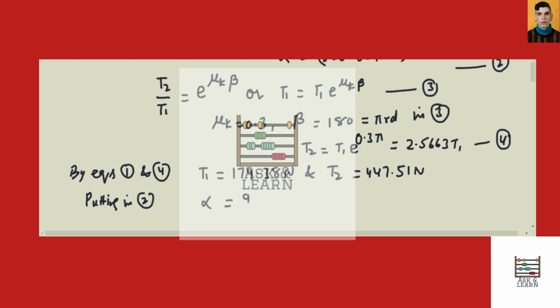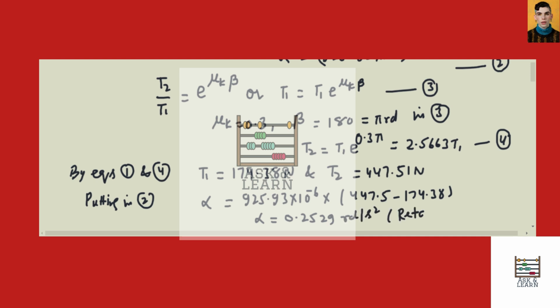Alpha will be 925.93 into 10 to the power minus 6 into 447.5 minus 174.38. So angular retardation you will get 0.2529 radian per second square. This is the retardation, not the acceleration.